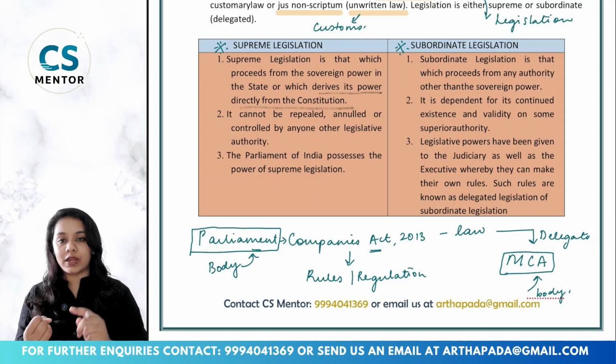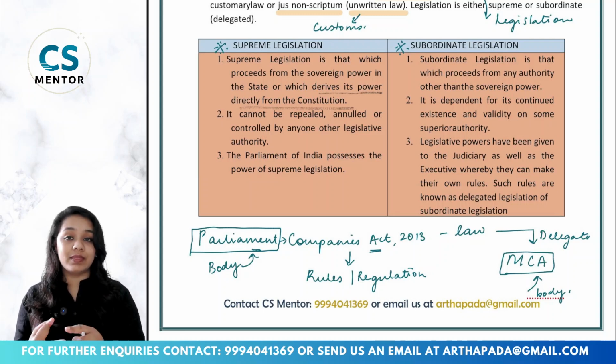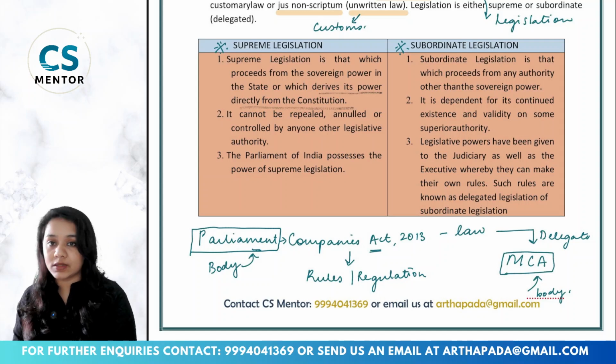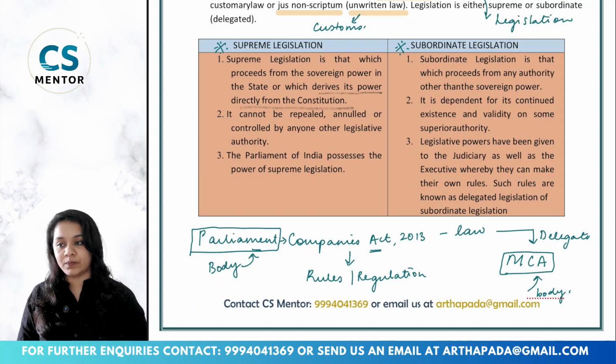Any authority or body that derives its power directly from the Constitution and then passes a law, that law is known as the supreme legislation. Whereas, if any body which does not get its power directly from the Constitution, but instead gets its power from the supreme authority, then we call that a delegated legislation.